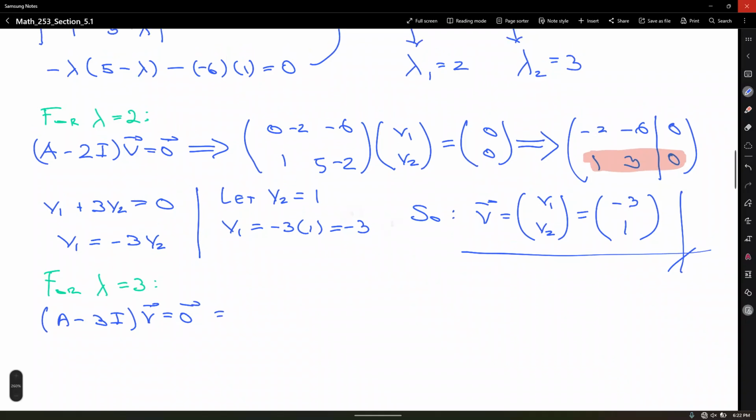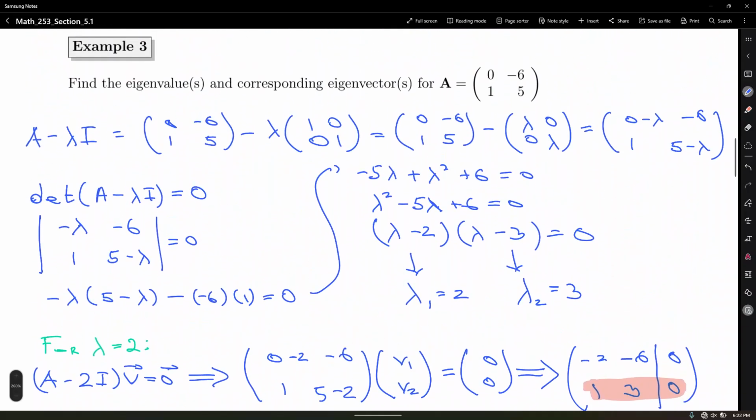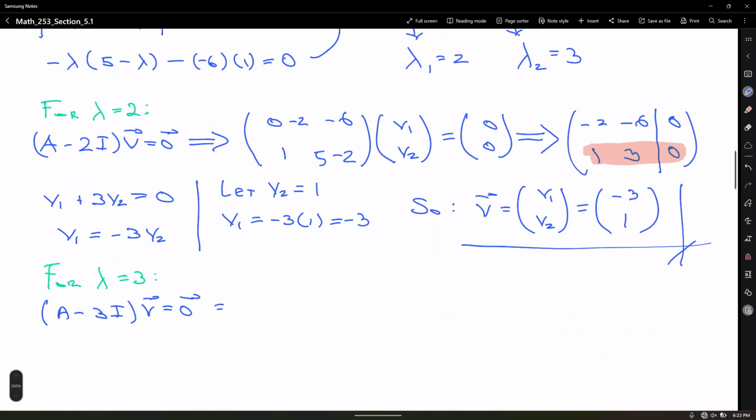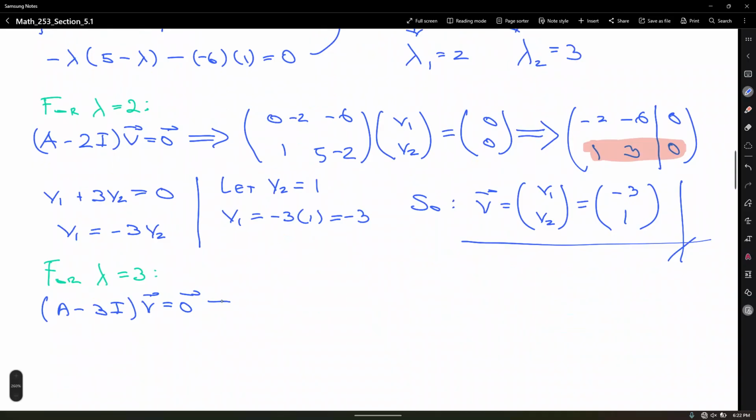That means from the original matrix we subtract 3 along the elements on the main diagonal. So 0 minus 3, and 5 minus 3. The remaining entries, negative 6 and 1, remain the same. This times the vector v1, v2, let that be equal to the 0 vector.